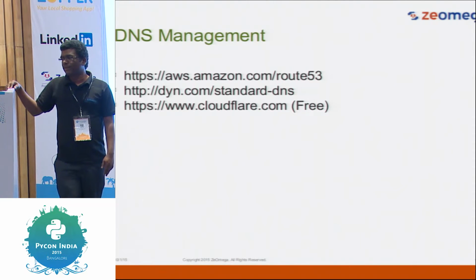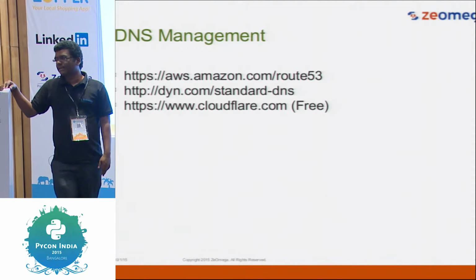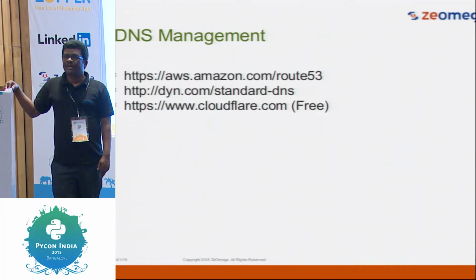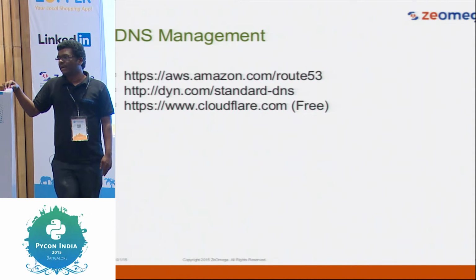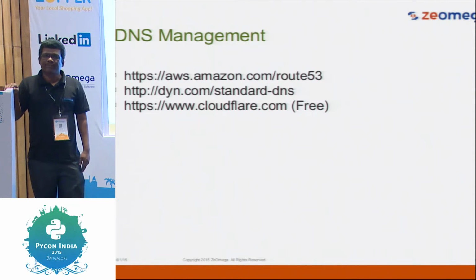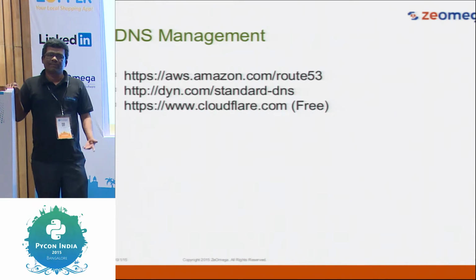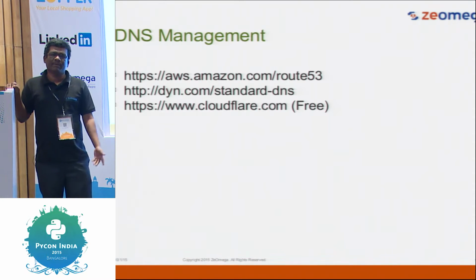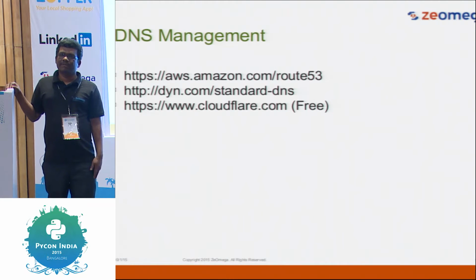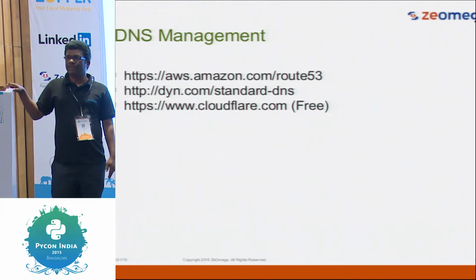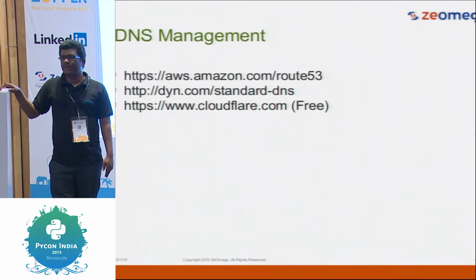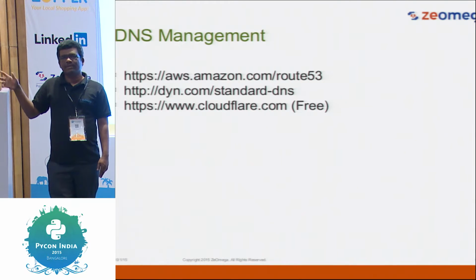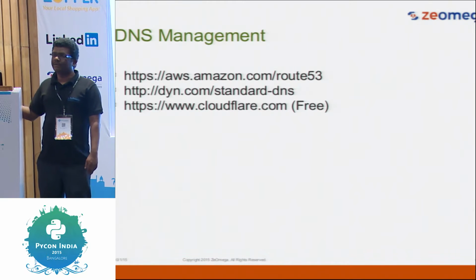A popular commercial one is Amazon Route 53. You can use Route 53 to manage your DNS, or there are other services like DynDNS, and some free DNS servers. If you purchase your domain through GoDaddy, maybe you can use the GoDaddy DNS servers, but if you really want to scale for a very large audience, it is better to go for external services. Cloudflare also gives some kind of free DNS, which is really good.